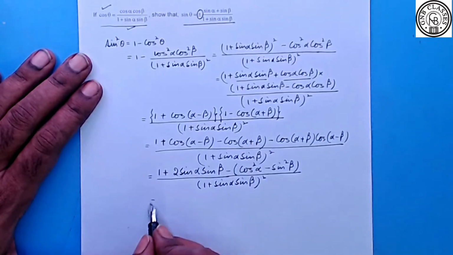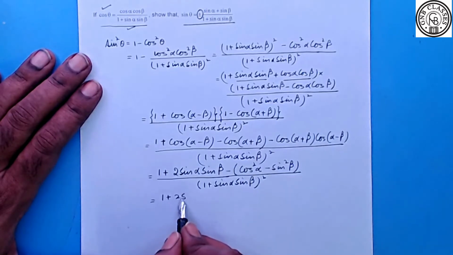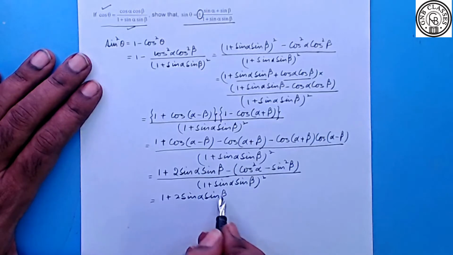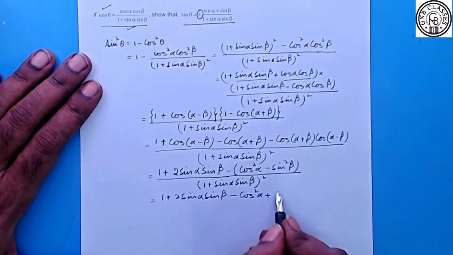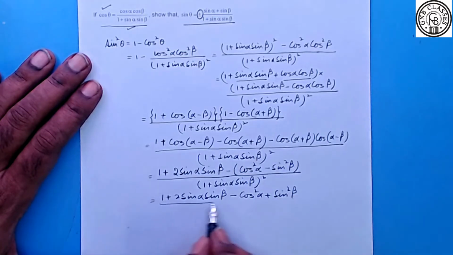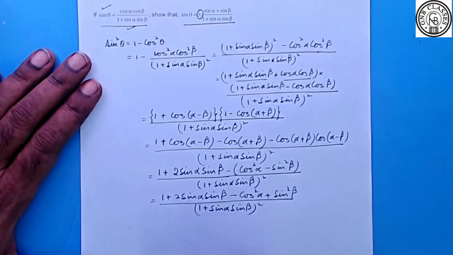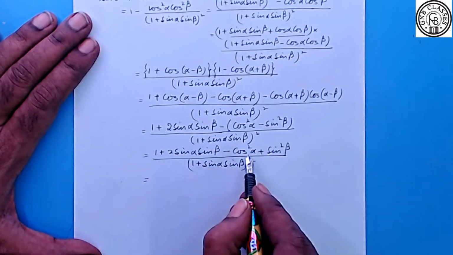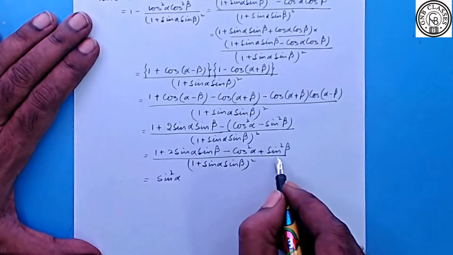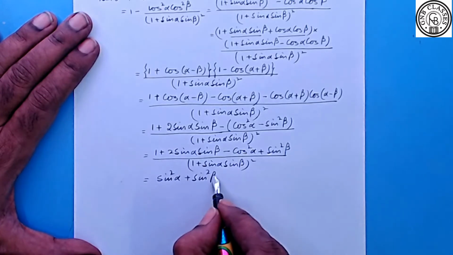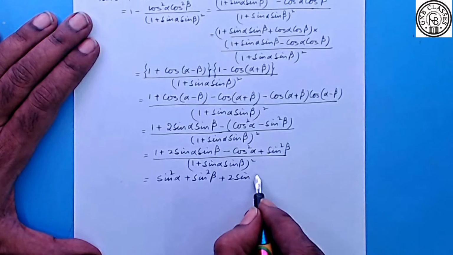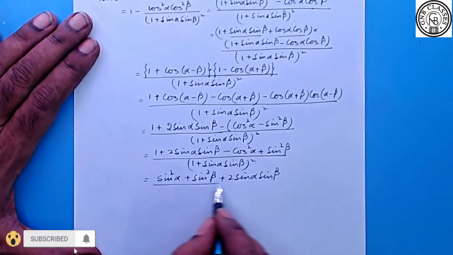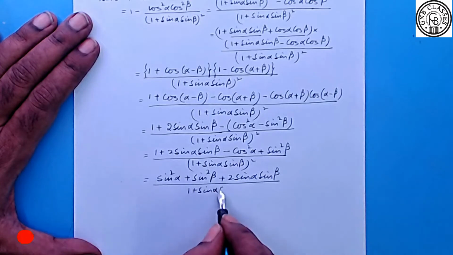Is it clear? So if I open the brackets, we are going to have 1 minus cos square alpha, which will give you sin square alpha, and sin square beta is there, and 2 sin alpha sin beta is there, divided by (1 plus sin alpha sin beta) whole square.